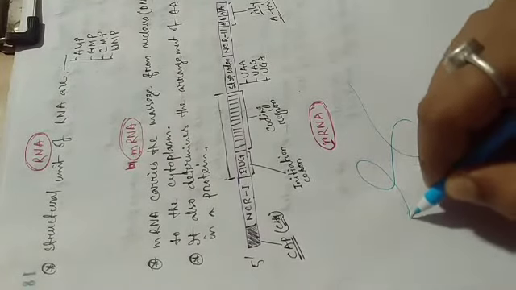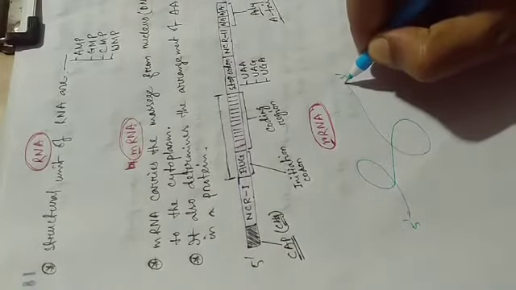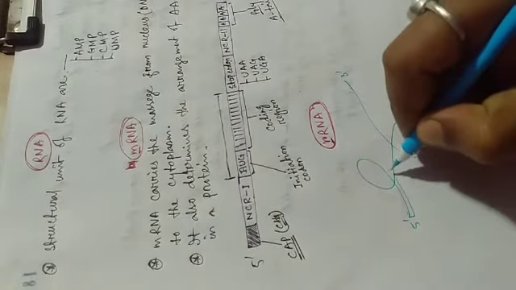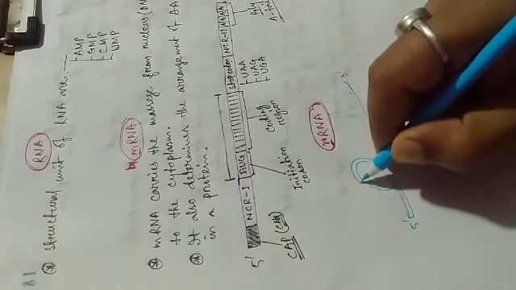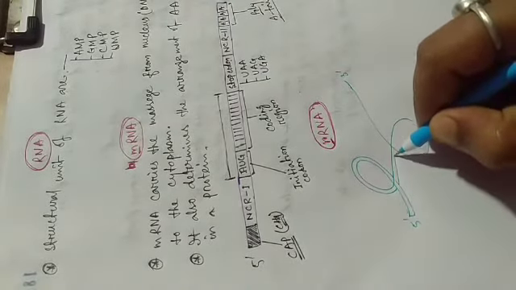Look, it also runs from 5 prime end to 3 prime end. You look here, a loop is formed in rRNA. Why?